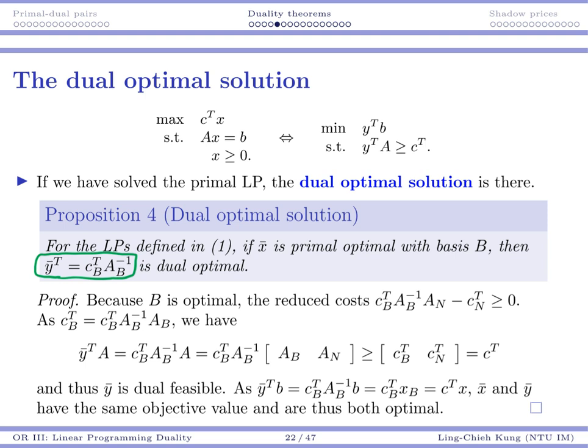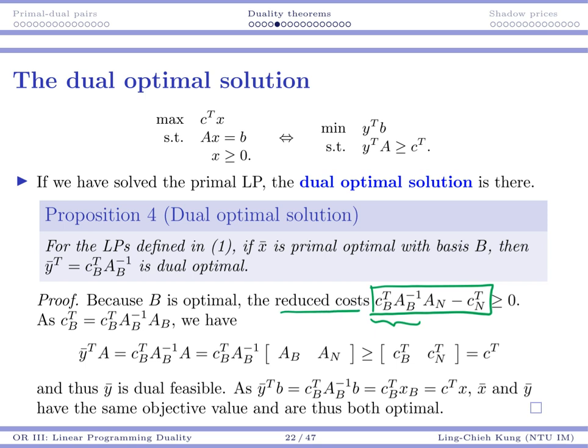Your dual may have multiple optimal solutions, that's possible, but anyway, this is going to be one dual optimal solution. CB transpose AB inverse. The interesting thing is that this is not your first time to see this, okay? CB transpose AB inverse, obviously you have the memory. It is part of your reduced cost equation, okay?